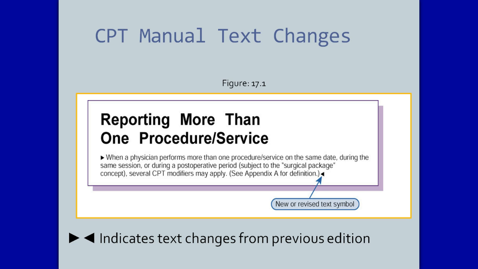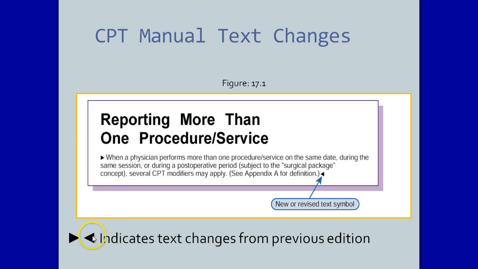Okay, so here we have the CPT manual text changes. Basically, what it's telling us is when we see these symbols, and all of our symbols that we run into on the pages, the description of the symbols are always located at the very bottom of that particular page or pages that we're on, giving you kind of a quick tutorial about what this means.